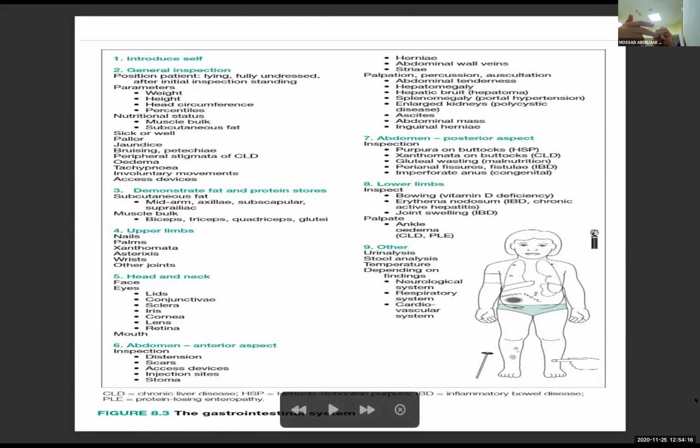Introduction, general inspection, and then you go to the peripheral, like upper limb and the head, and then from the abdomen you will start again inspection, palpation, percussion, and auscultation, and then you ask yourself, what else, like in the lower limb I need to see, okay? If you are systematized, you will find it very, very simple, and it will give you a good humor.